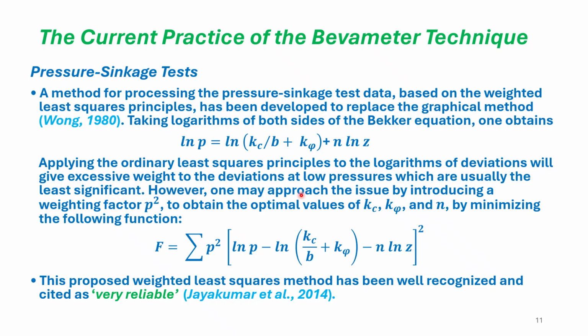However, one may approach the issue by introducing a weighting factor p squared, or the pressure squared, to obtain the optimal values of Kc, K phi, and n by minimizing the following function. In this function, p squared is the weighting factor. This proposed weighted least squares method has been well recognized and cited as very reliable.